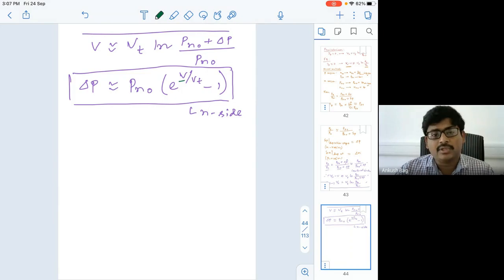After considering the approximation that energy is greater than 3 kT, we can approximate the Fermi-Dirac distribution function as the Boltzmann equation. From that onwards, we actually arrived at this particular equation.